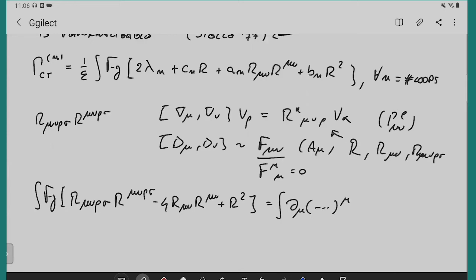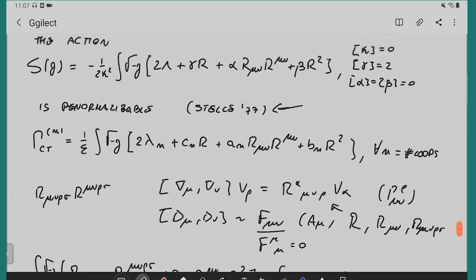So if your spacetime doesn't have boundaries, or goes to flat spacetime at infinity, with the correct boundary conditions that are usually assumed in quantum field theory, this is zero. All the total derivatives are zero. So you can write the Riemann squared as a combination of Ricci squared and R squared. So this is already included here. It's just a redefinition of alpha and beta. So that's why there is no Riemann squared.